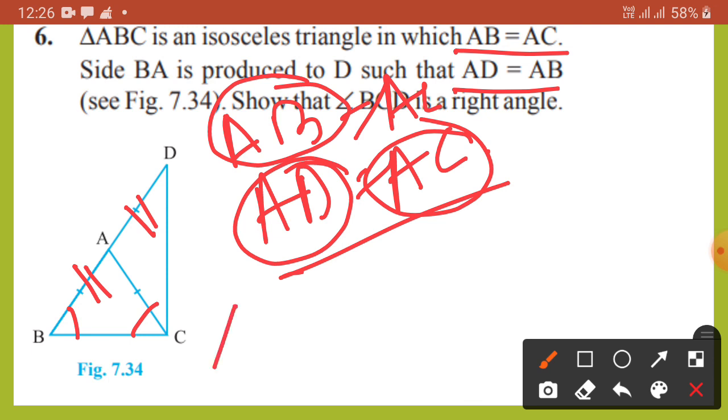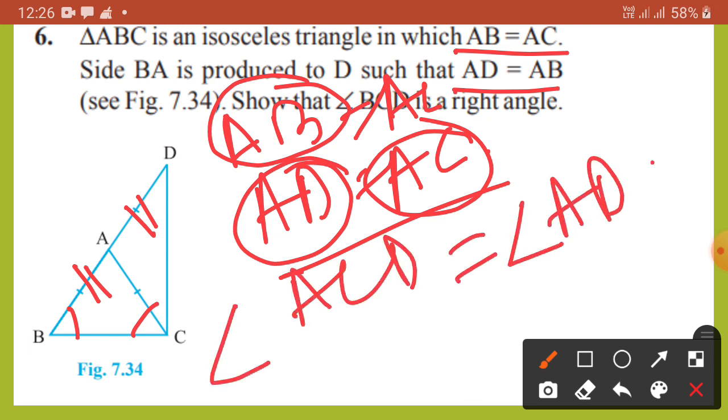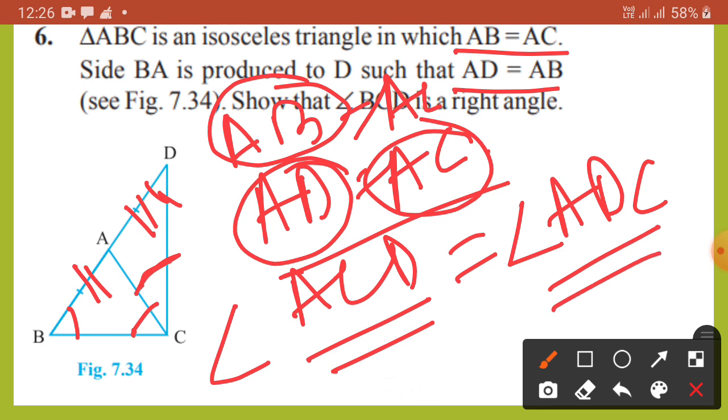Now angle ACD is equal to angle ADC, because the angles opposite to equal sides are equal.